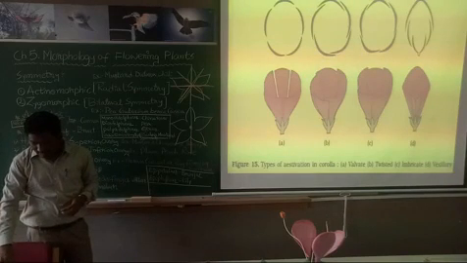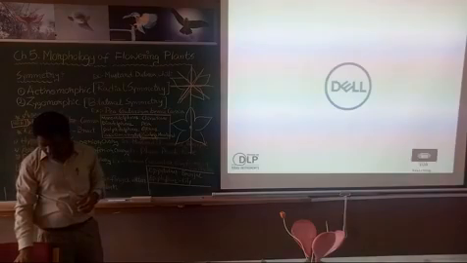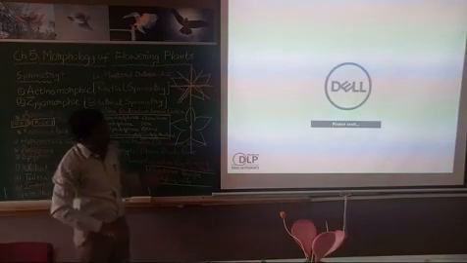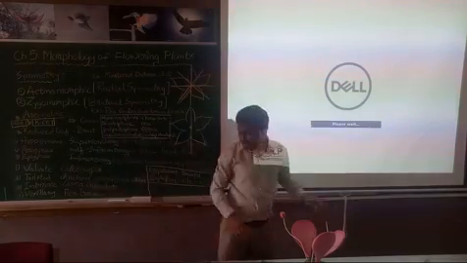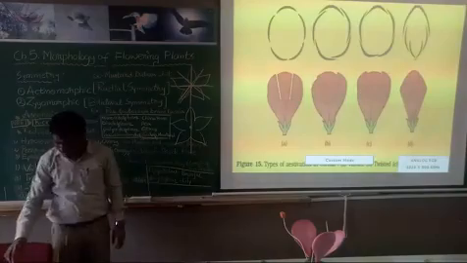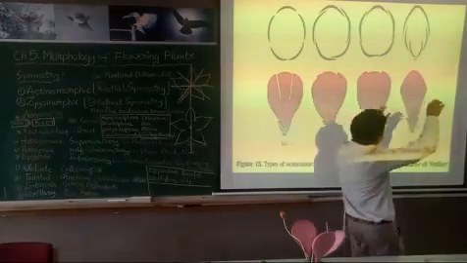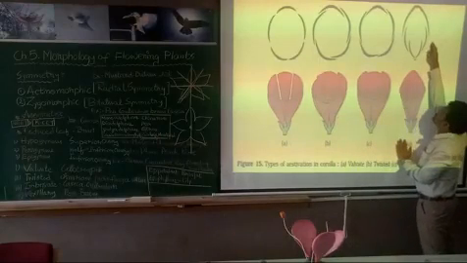The largest petal is present at the top of the flower. You can see in this diagram on the screen, the largest petal is presented at the posterior side. Posterior side means top.